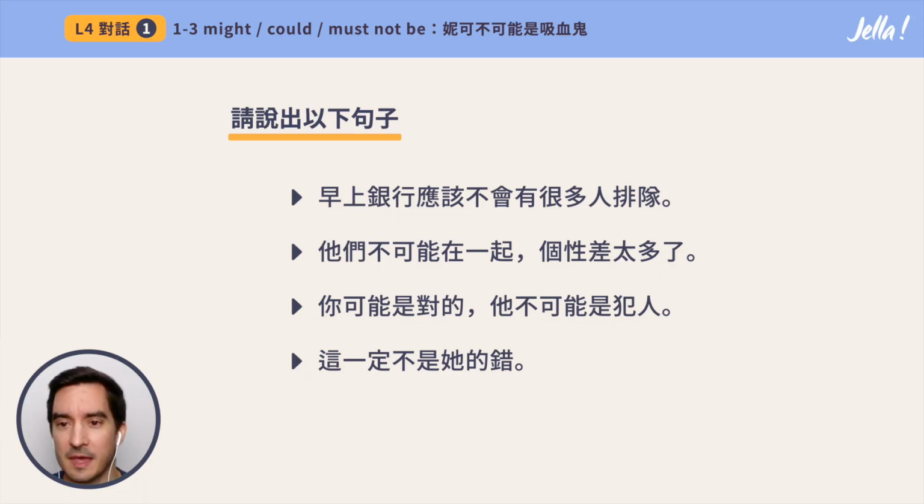Okay? And then, one more thing that you'll often hear in police TV shows or movies or detective things, he couldn't be the culprit. Now, culprit is similar to criminal. The word culprit means a person who committed a crime. So if the police are looking for someone, they will have a suspect.